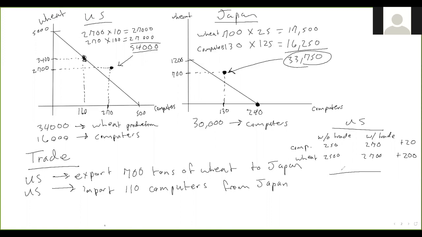And then we can do the same thing for Japan. They had 120 computers before. Now they have 130, or plus 10 computers, and 600 tons of wheat. They now have 700, so plus 100.